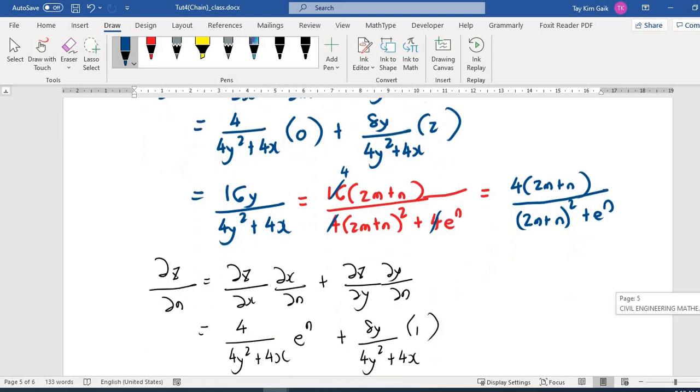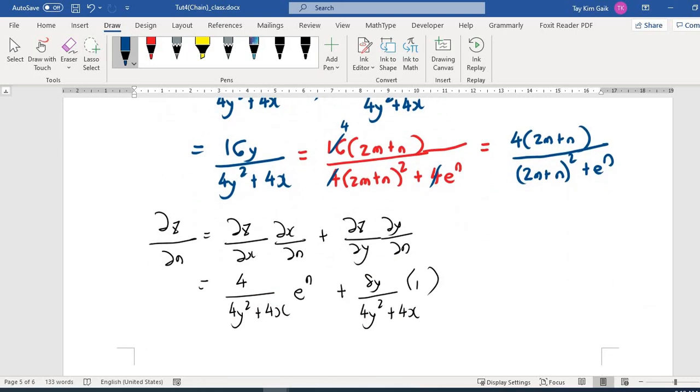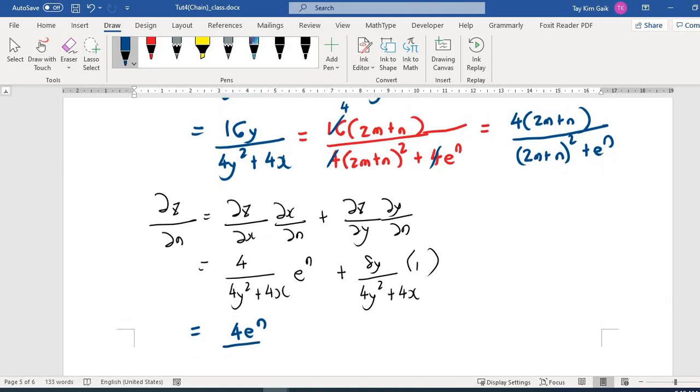And then, okay, for del z del n, similarly, if you want the answer in terms of m and n, so we have here 4 exponent n. This one is exactly here. 4 times 2m plus n squared plus 4x, which is 4 exponent n. 8y.